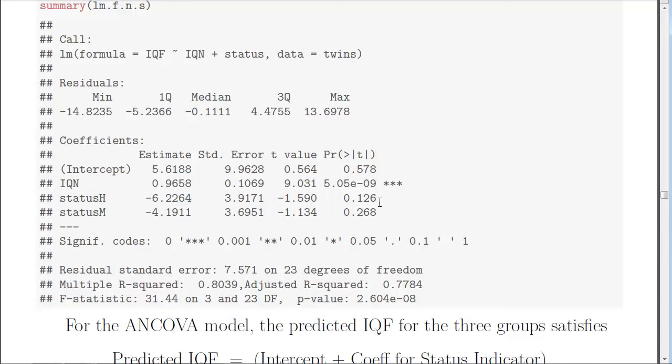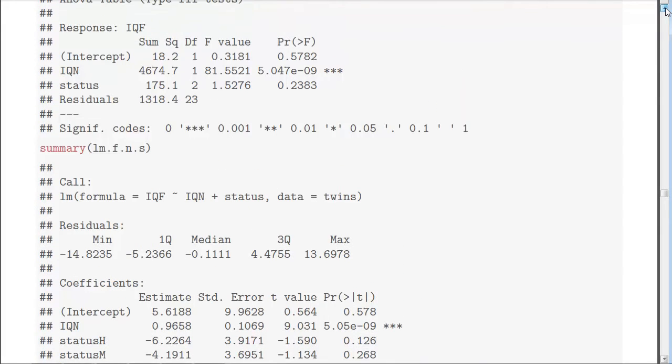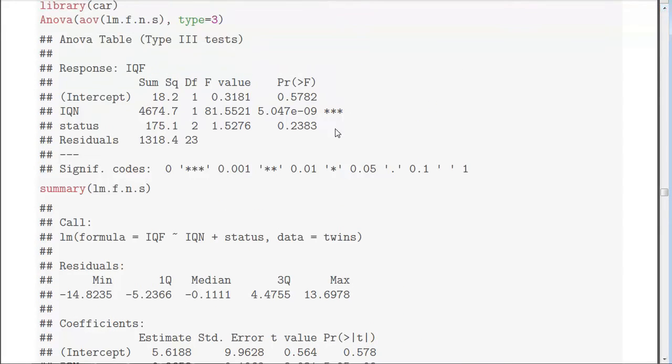As I said in the last video, we don't have a comparison between high and medium groups here. These tests indicate whether there's a difference between the high and the low group. But ultimately, we don't care about those hypothesis tests because we found above this test to be not significant already, whether all the intercepts were equal.